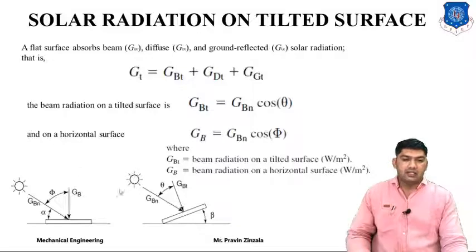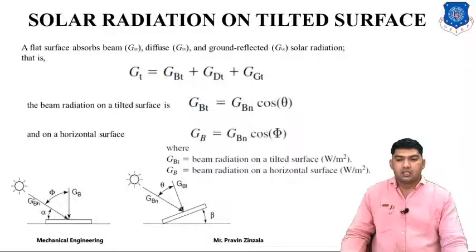Now we will compare the horizontal surface and the tilt surface. This is the horizontal surface, meaning this is our solar application or solar collector. Radiation on the horizontal surface is equal to GB, meaning solar radiation on the horizontal surface. This is the sun rays. This is the beam radiation or normal beam radiation. So the angle between the sun radiation and the perpendicular to our surface is called phi.